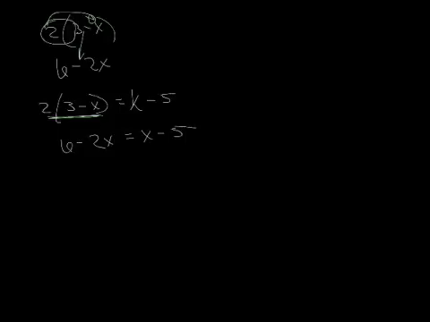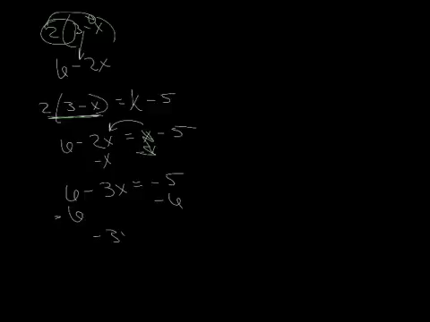Then our job is to get our x's together and our numbers that are not x's together. So we're going to take this x and move it over here by subtracting it from here and subtracting it from there. Subtract it from both sides. So 6 minus 3x equals, that goes away, x minus x is 0, negative 5. Now we're going to take this 6 and move it, so we're going to take it away and take it away.